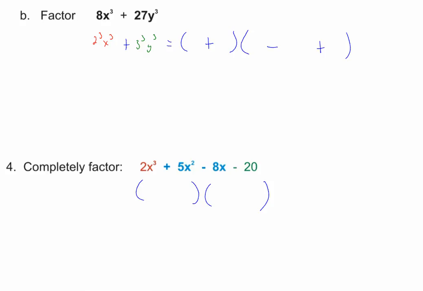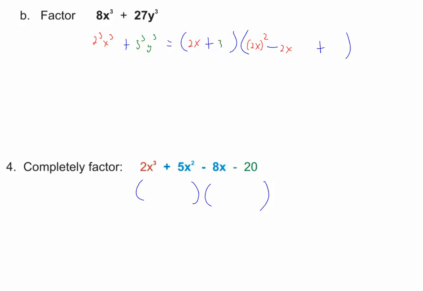In the front, the cube root of 2 cubed is 2, the cube root of x cubed is x, 2x. Therefore the front of this is going to be the quantity 2x squared. And the first of the middle is the 2x, right? Now the back. Cube root of 3 cubed is 3.